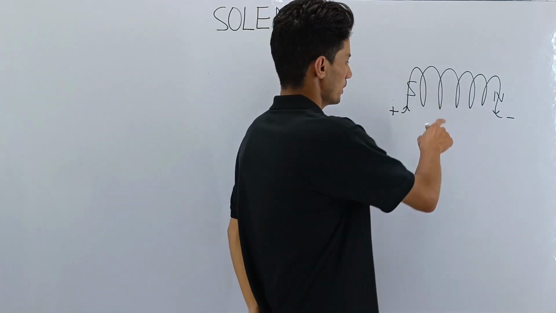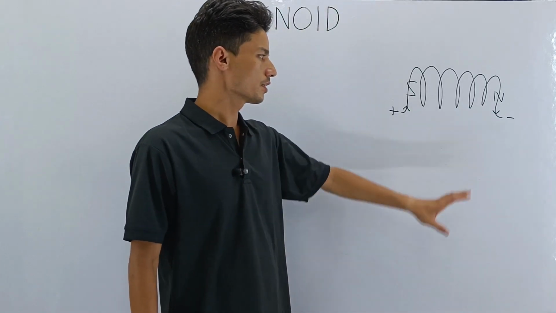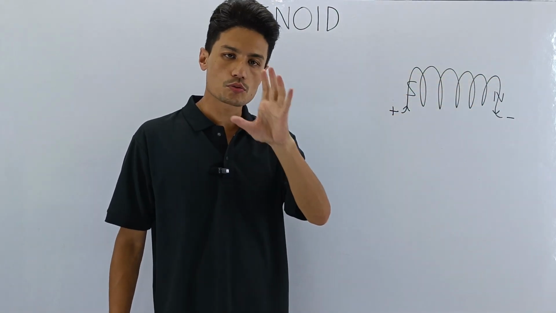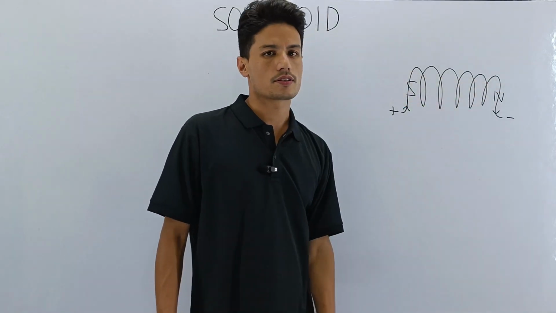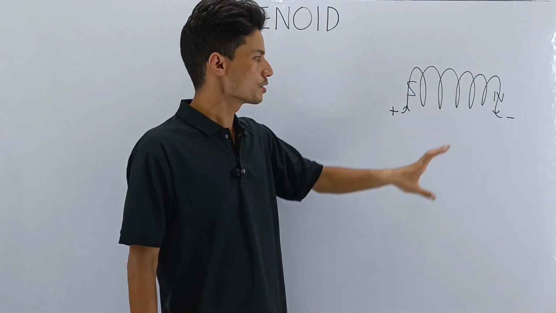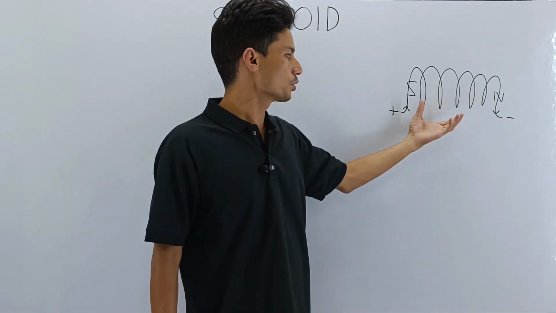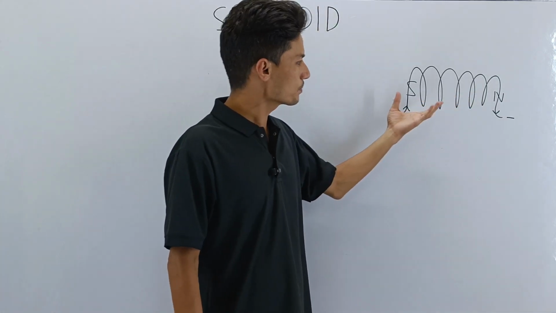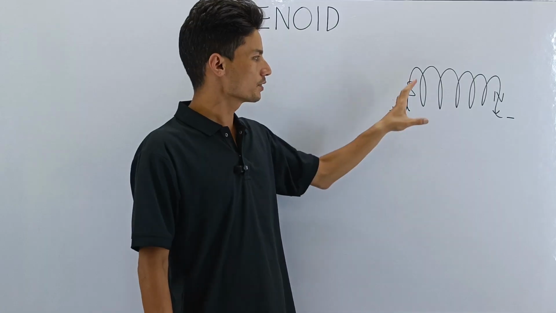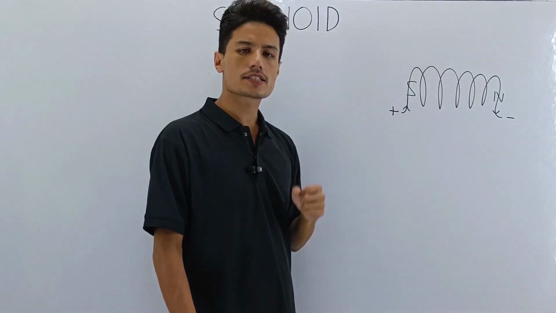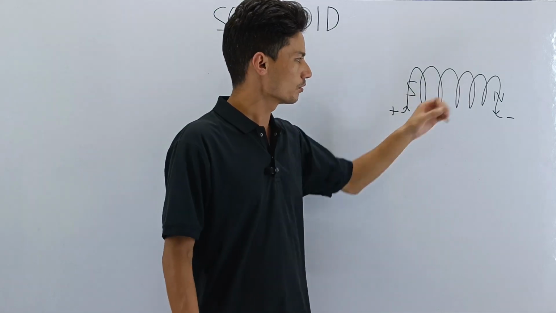Now, in today's class we'll be talking about the core of the solenoid. Our discussion today is entirely based on the core. If I ask you what is inside the core of the solenoid, the answer is empty. The core of the solenoid is hollow. There is nothing inside it.